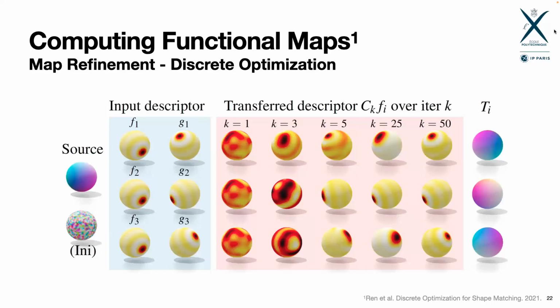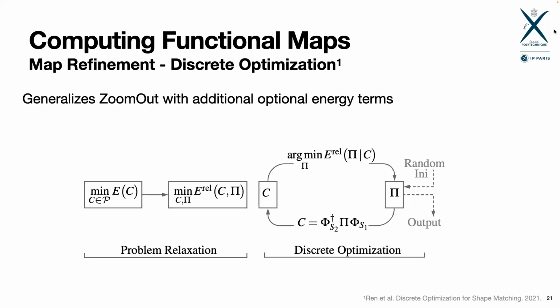You have an energy which depends on the pointwise map and on the functional map. If you have a functional map, then you just have an energy on the pointwise map, and it's a nearest neighbor query or something very similar. If you have the pointwise map, then it's a linear system or something very similar the other way around. You have two variables, and you optimize one by one.